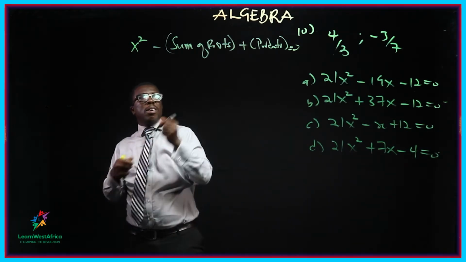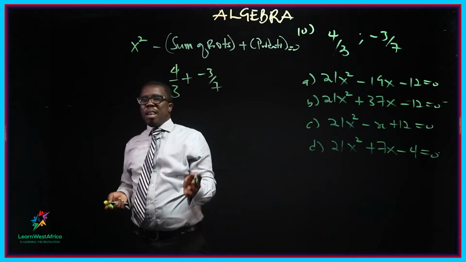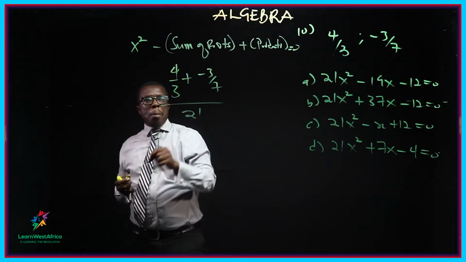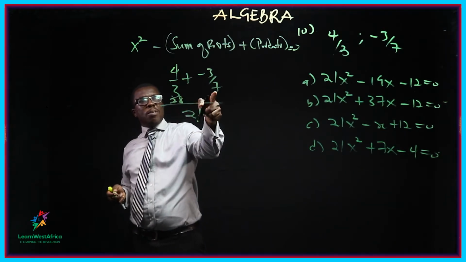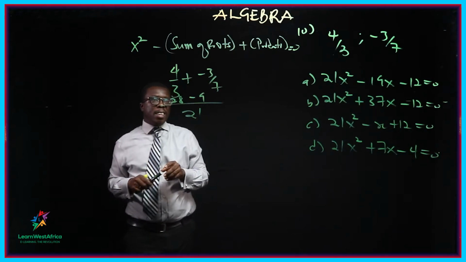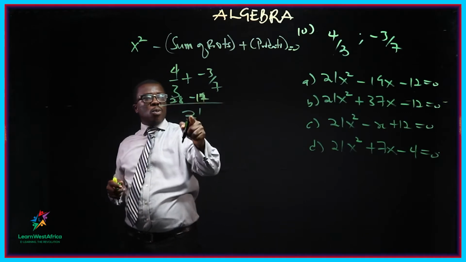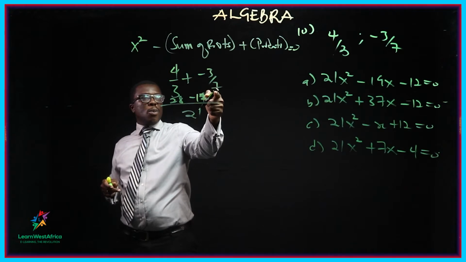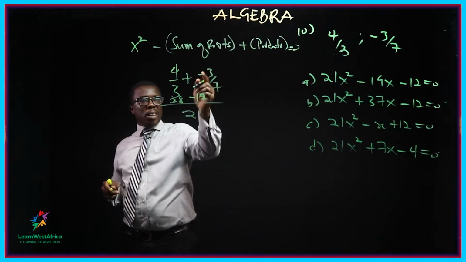Let's take the sum of the roots: 4/3 plus minus 3/7. The LCM is 21. 7 times 4 is 28. Now 21 divided by 7 is 3, so 3 times 3 is going to give you 9.